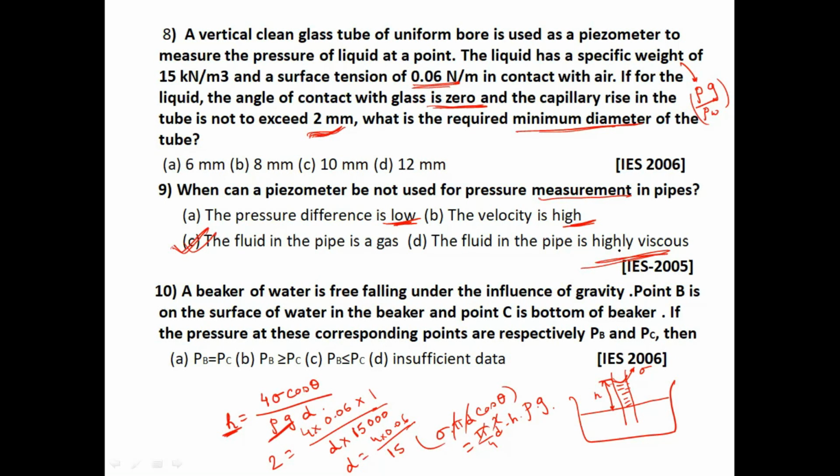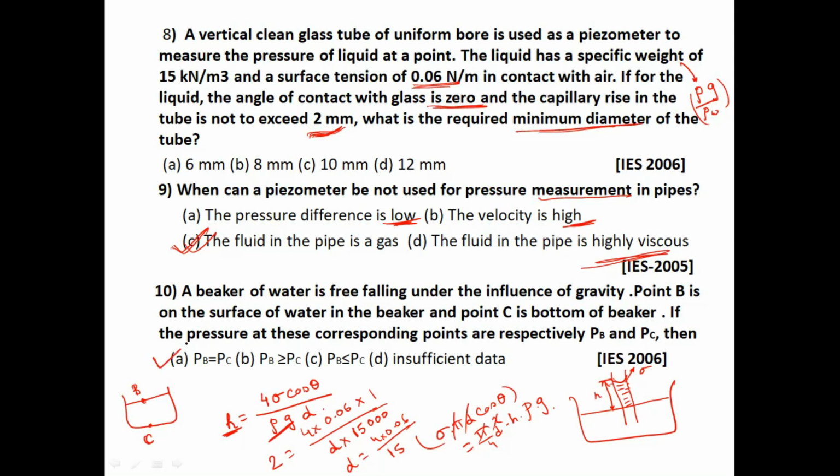Question number 10. Try it this way. A beaker is in free fall under the influence of gravity. There is a free surface, with one point B and another point C. What is the pressure at B and C?